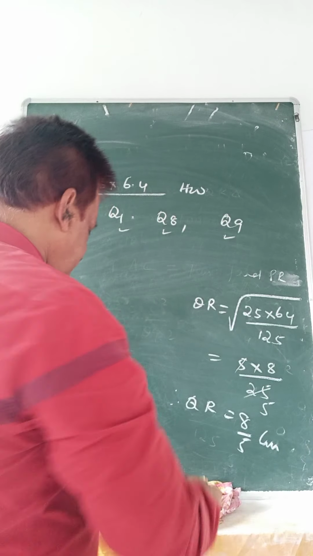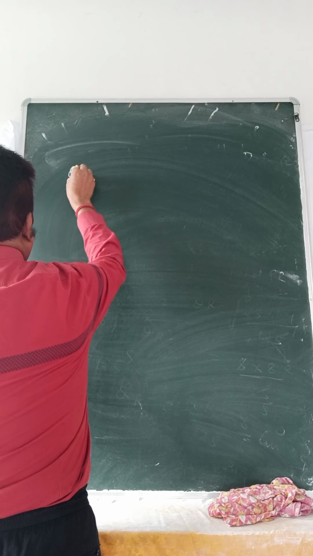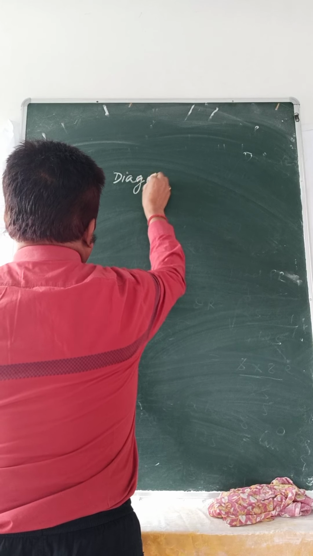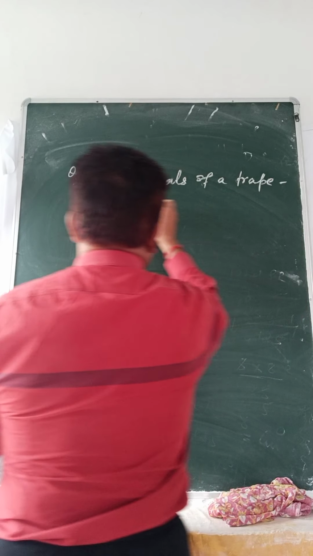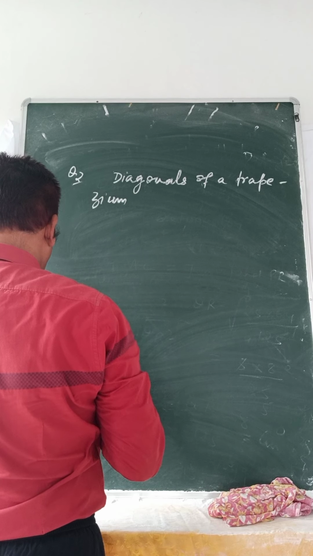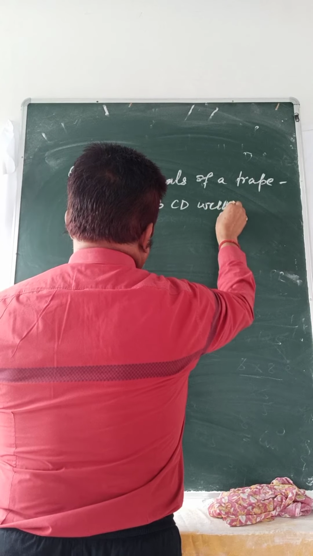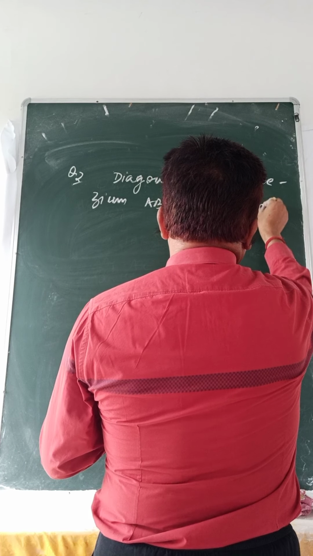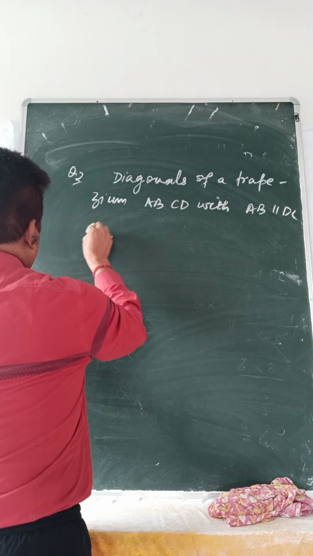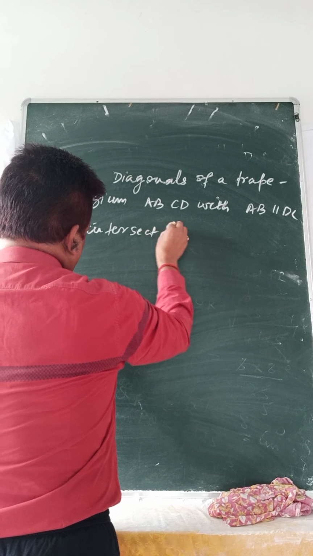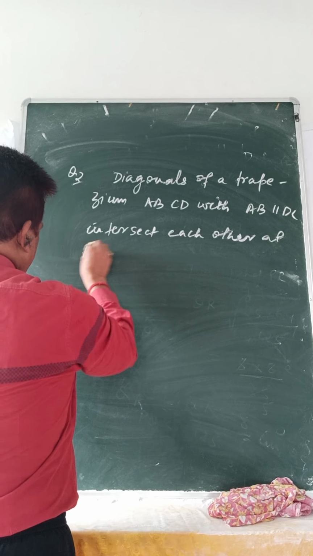Diagonals of a trapezium ABCD with AB parallel to DC intersect each other at the point O.